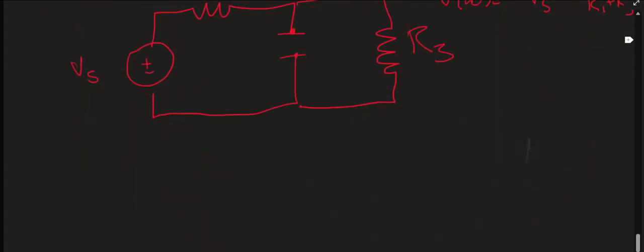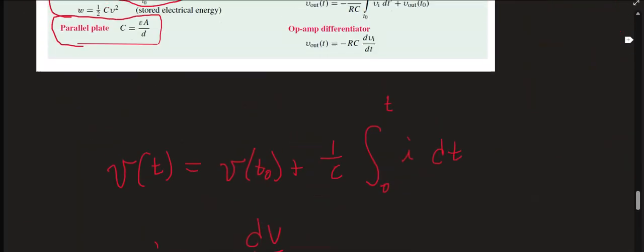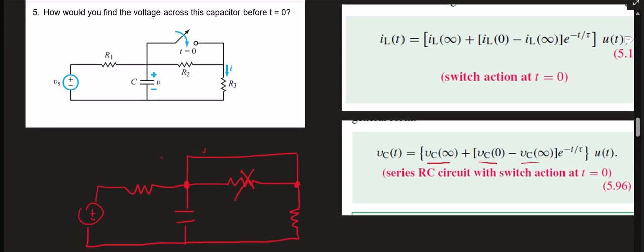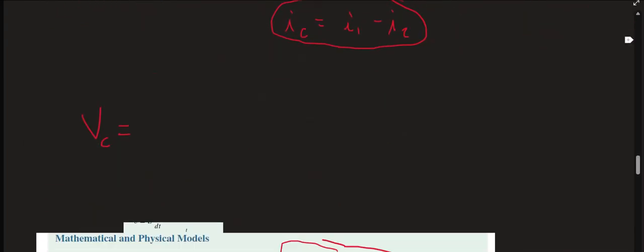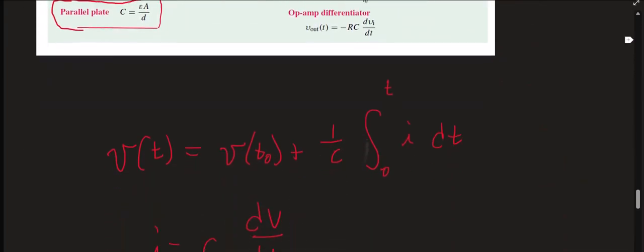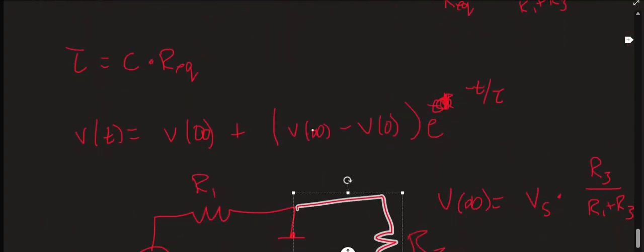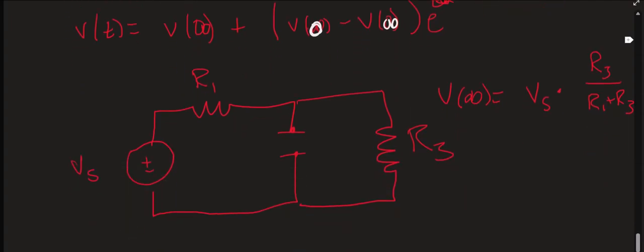Wait, did I write it wrong in a bunch of places? 0 minus infinity, I did. So I wrote it wrong here. I guess maybe that's the only place.